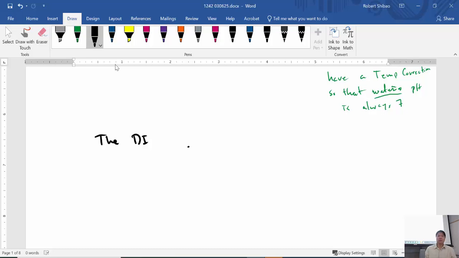And so the DI water in lab is contaminated with what? CO2. Aqueous. Do you remember Henry's law?